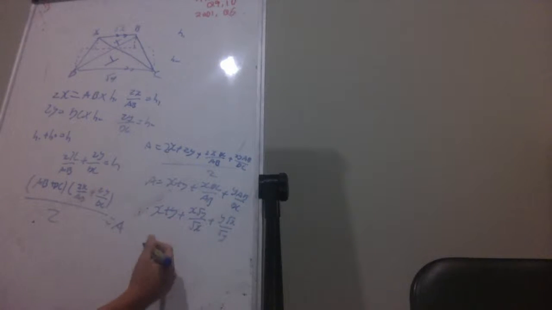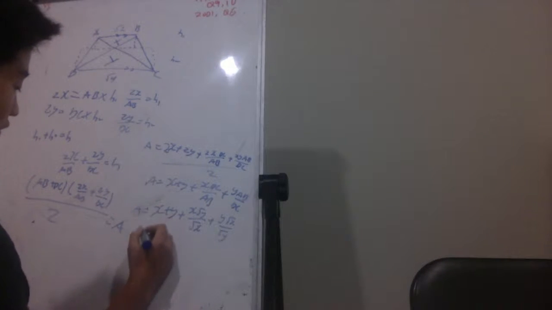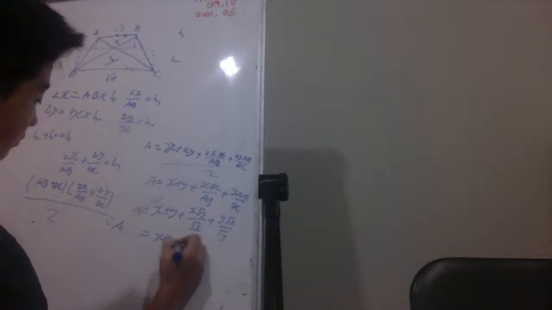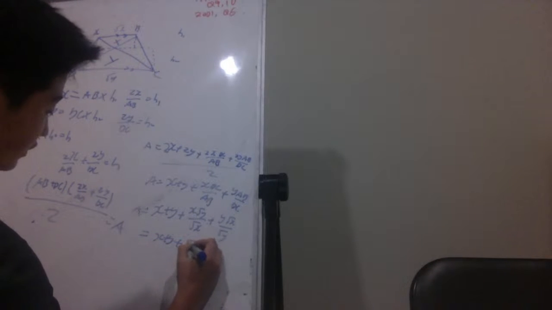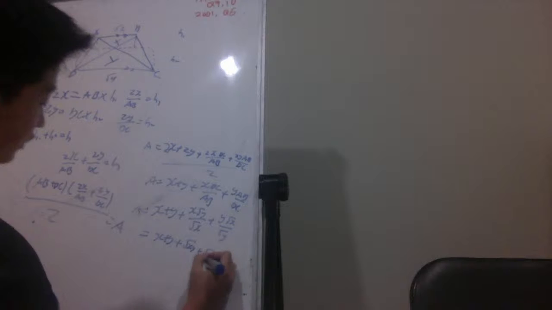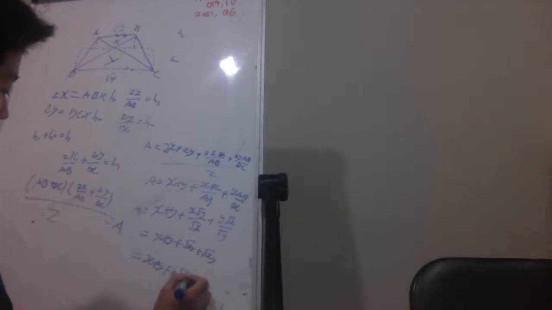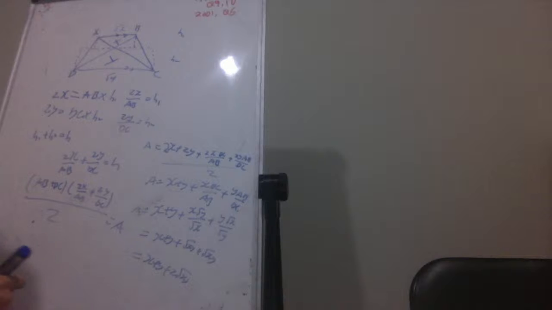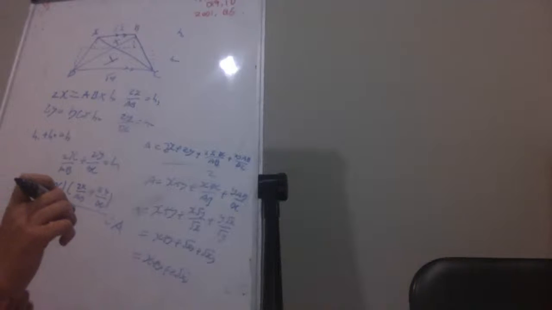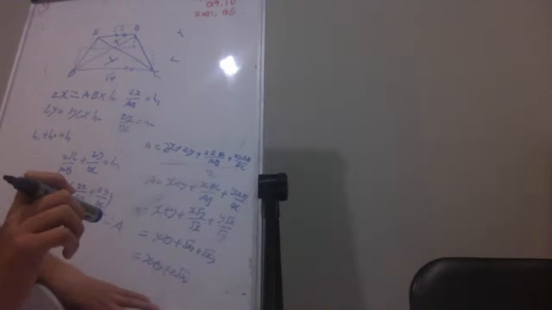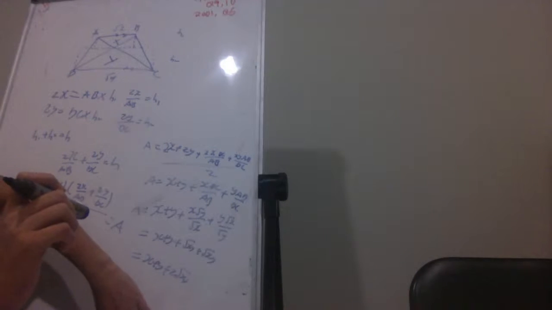Cancel, so then x plus y plus root xy plus root xy, which is equal to x plus y plus 2 root xy. That's a really good answer, fantastic, very nice, and written very well as well.